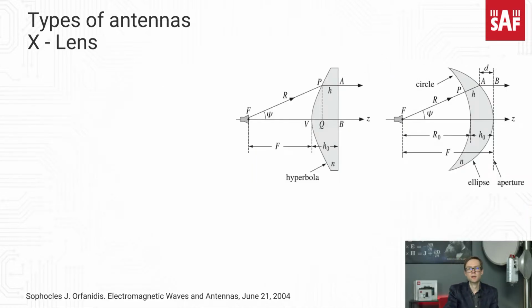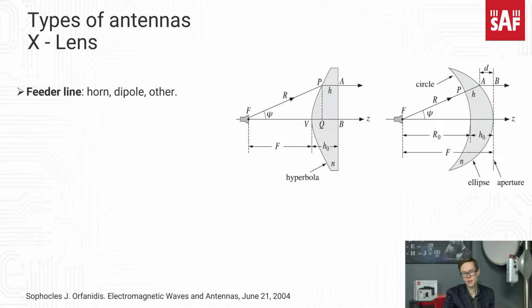Another quite specific type of antenna is a lens antenna. This is rarely used because this is a solid antenna, which you can imagine as a glass lens, but the same lens is made of metal, so it's quite heavy and not really practical.